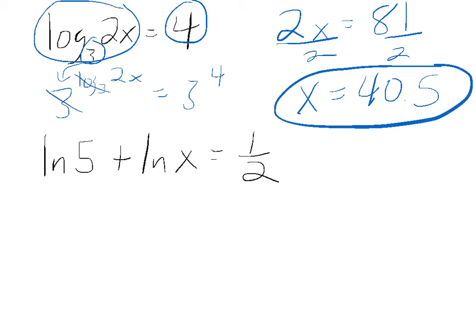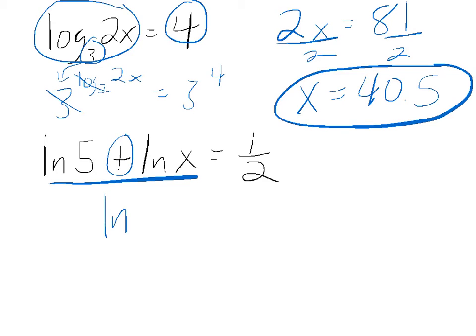Okay. Down here, I can't raise them both to the e because these are separate logarithms. What I need is one logarithm. So remember the property you talked about yesterday? If you've got separate logarithms being added together, you can combine them into a single logarithm by multiplying.